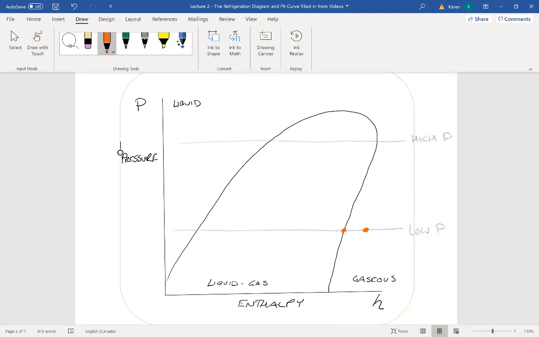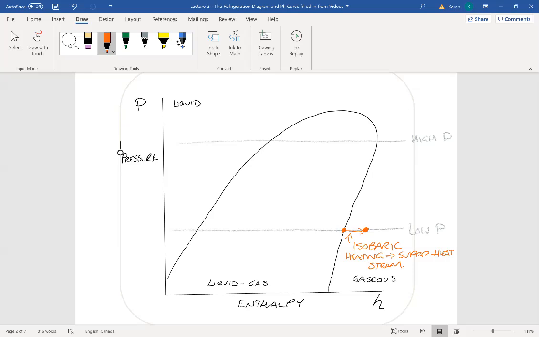So we actually make sure that we superheat the steam, and this process right in here is called isobaric. Isobaric means, iso means same, baric means pressure. So this is isobaric heating. So this is to superheat the steam. And we know that we're in the gaseous state there.